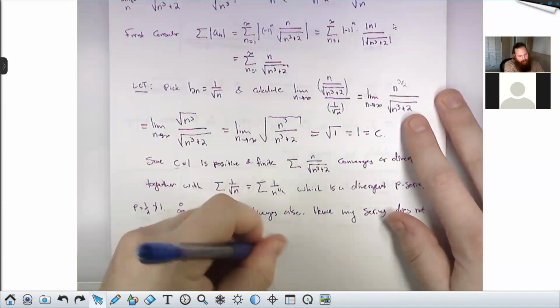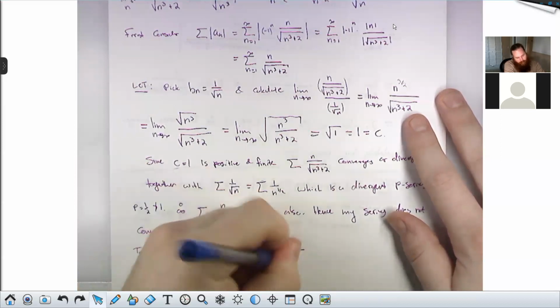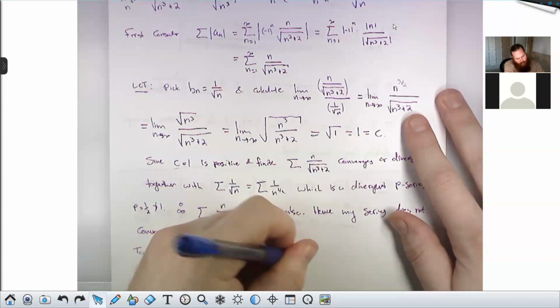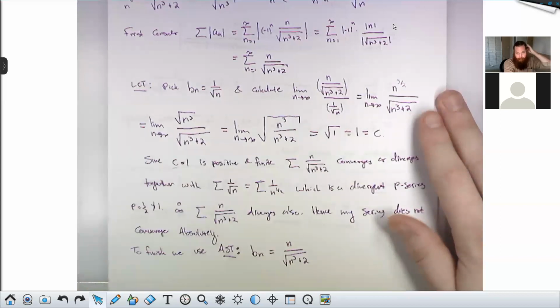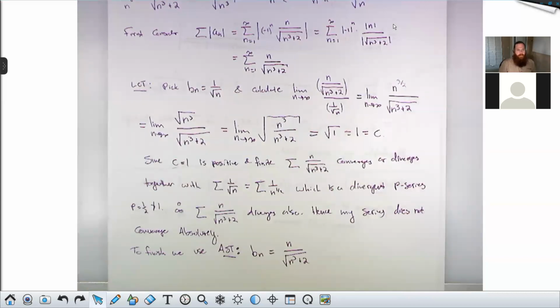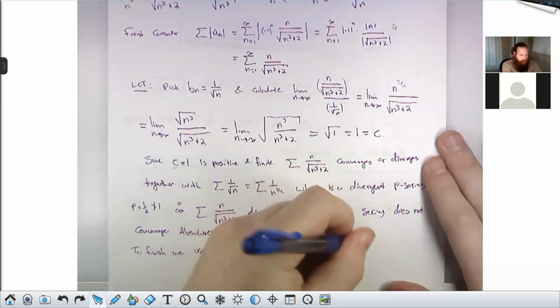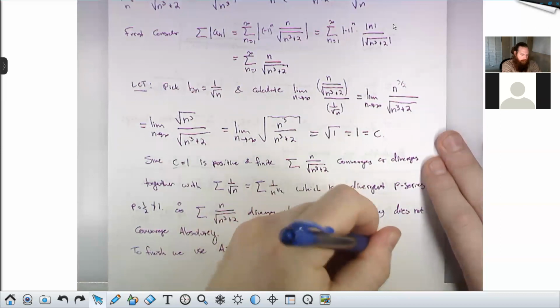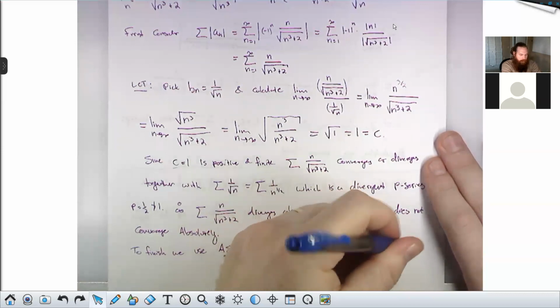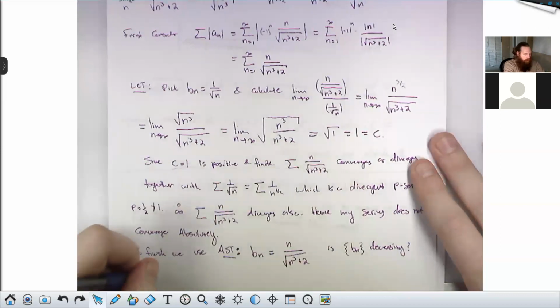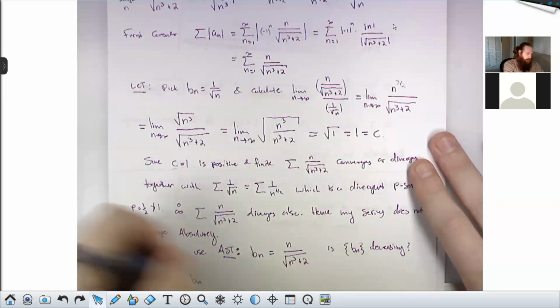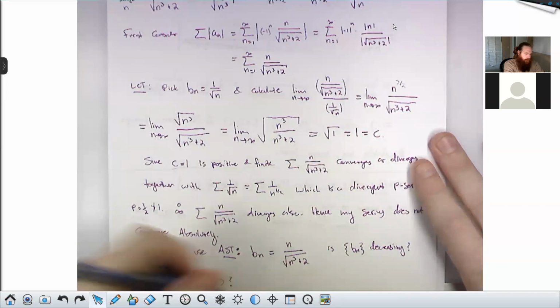Here my bn's are n over the square root of n cubed plus 2. Remember, AST calls bn the non-alternating part of your series. And I need to know, is the sequence bn decreasing? And is the limit, as n goes to infinity, of the bn's equal to 0?